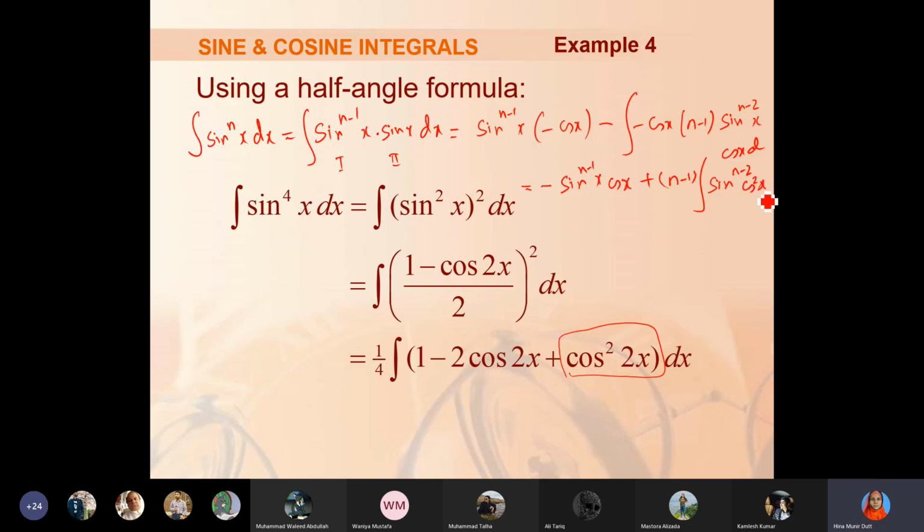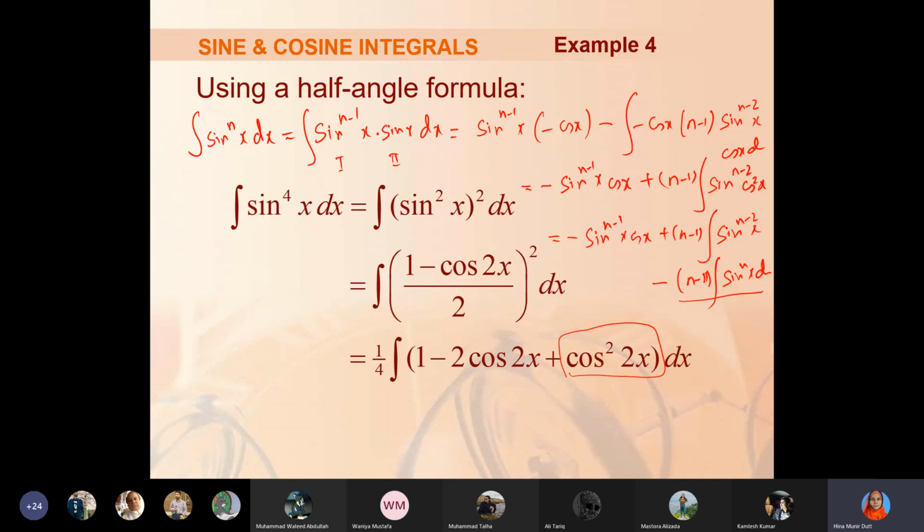Write cos square x as 1 minus sine square x and multiply it with this. I will get minus sine n minus 1 x cos x plus n minus 1 integral of sine n minus 2x minus n minus 1 integral of sine nx dx.